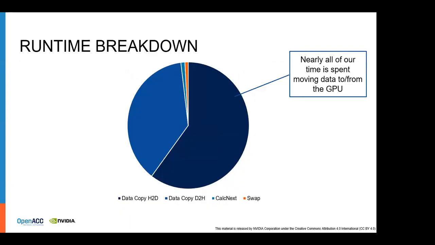Now we look at the profile. So the next step is to use a profiler. And you see in dark blue the copies from host to device, H2D, host to device. In a lighter blue, this is device to host. So we see that now we are spending most of the time moving data to and from the GPU.